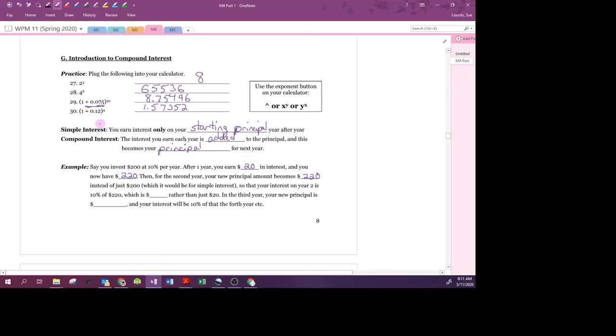So your interest on year 2 is 10% of 220, which is $22 rather than just $20. In the third year, your new principal is $242 because you're taking this $22 that was the interest for the second year and adding it to the principal for that year to get you 242. And that continues on year after year.